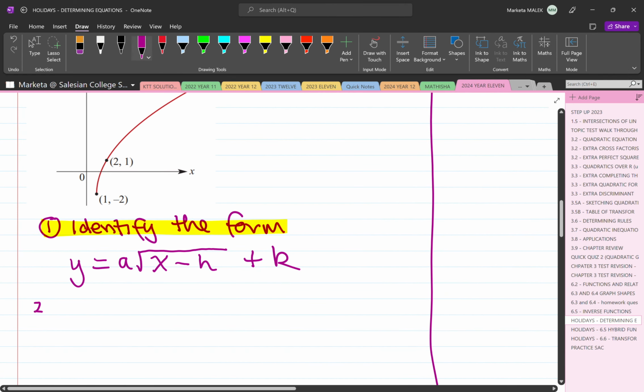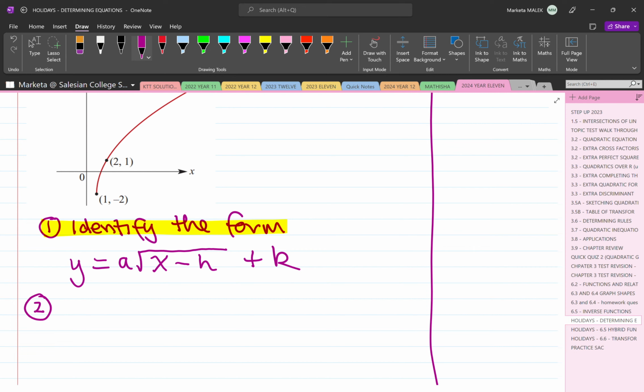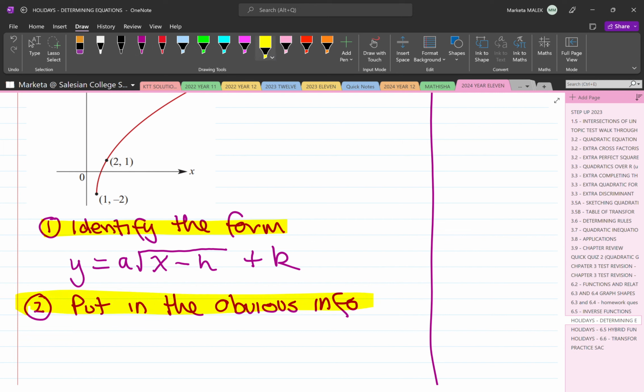The next step, like when we do quadratics, determining a rule, we put in the obvious information. And the obvious information, if you had a parabola and it was in turning point form, the turning point would be the obvious information.